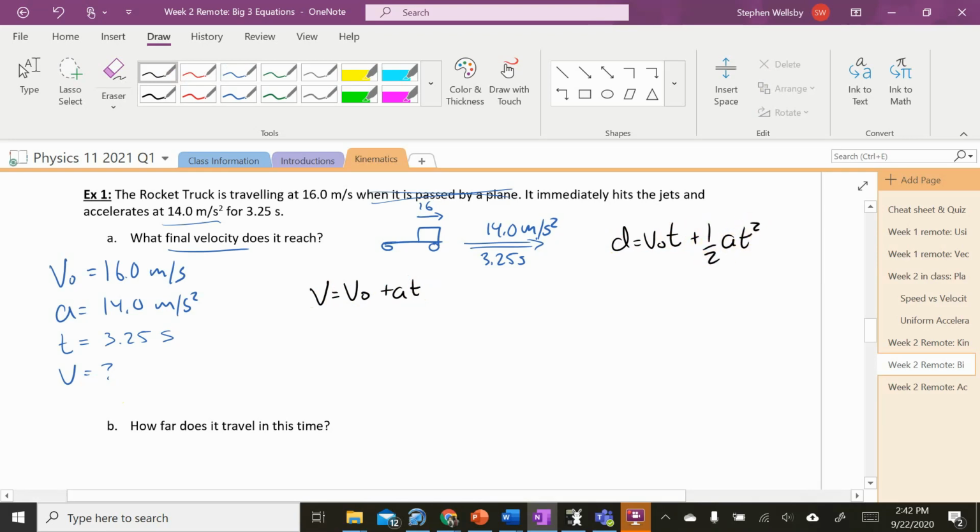We couldn't use one of the others because it doesn't have v in the formula, so that's not going to work for us. The other one, v squared equals v naught squared plus 2ad, we can't solve either because we don't know v, but we also don't know d. And just as a rule of thumb, and this is an important point I want to point out, when you have one formula with two things that are unknown, you can't ever solve that.